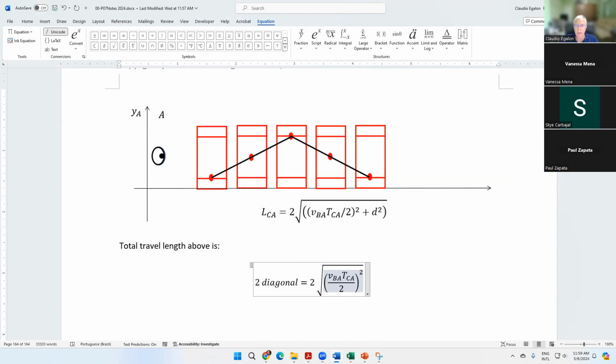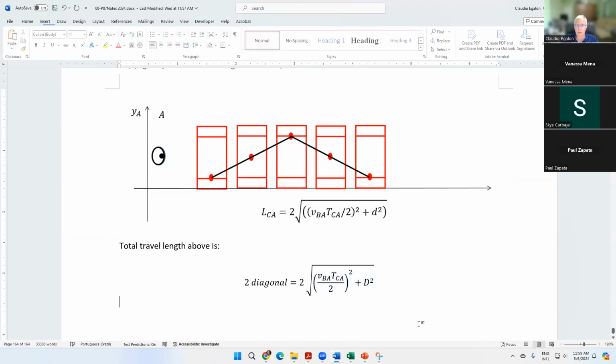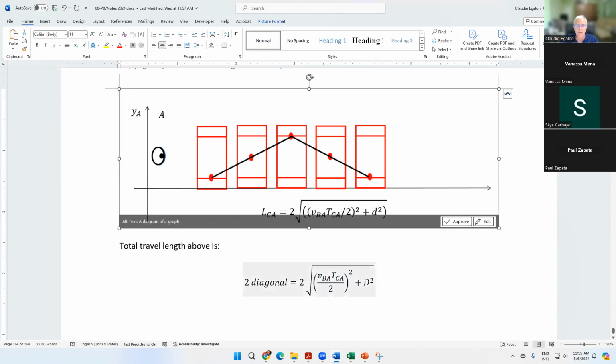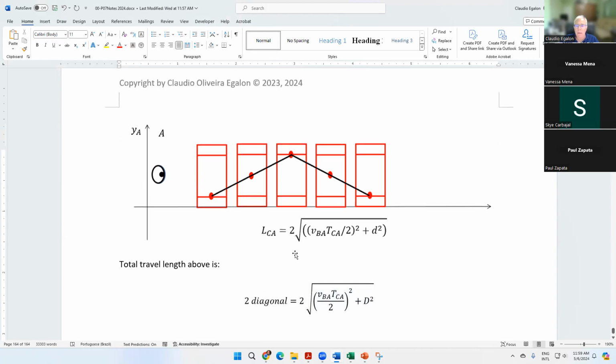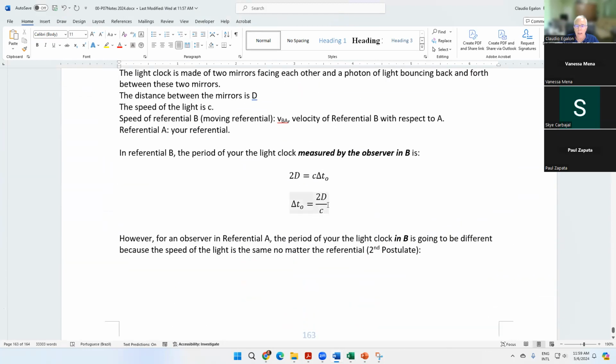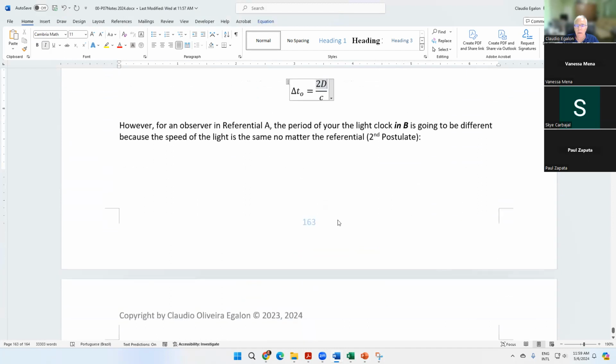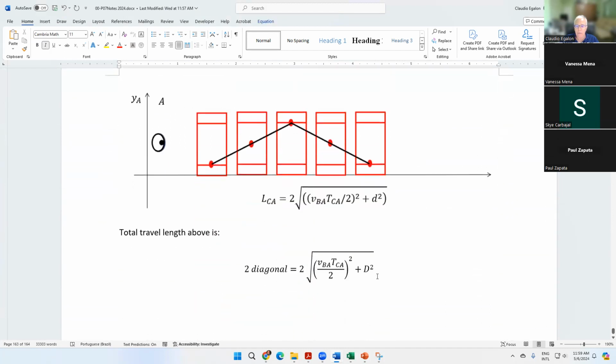So that's going to be this length plus this length, and this length is going to be this square root alone. I put lowercase d, did I? Yeah, I used capital D here. This one is supposed to be capital D as well.